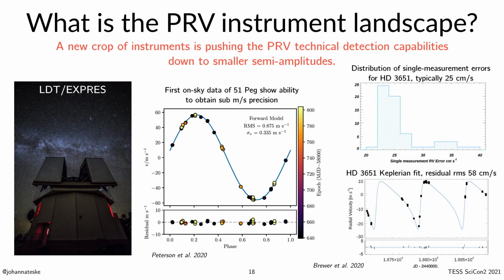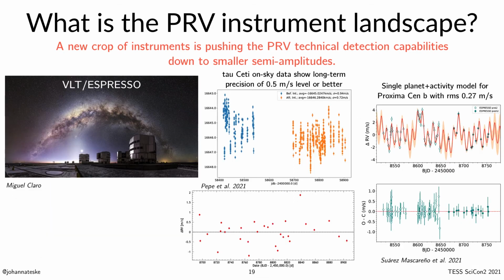And this is some of their first on-sky data of this very famous 51 Peg planet. And then a measurement of this other kind of known giant planet with a big signal, but they're able to demonstrate residual RMS of 58 centimeters a second with typical single measurement errors of something like 25 centimeters a second. So that's coming along really nicely too.